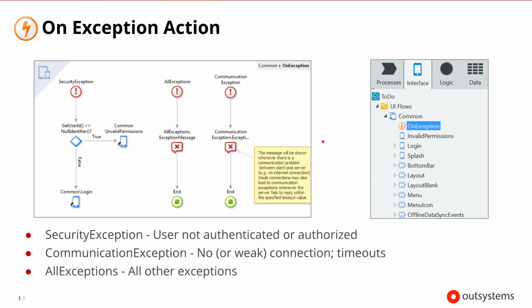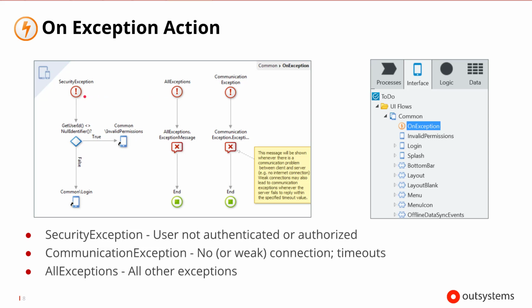Now, while we're working with the menu and the bottom bar, the overall layout and the screens are there, occasionally we run into different types of exceptions. There is, in the common UI flow, a global exception handler. So this onException action can handle security exceptions, communication exceptions, and any other type of exception that occurs.